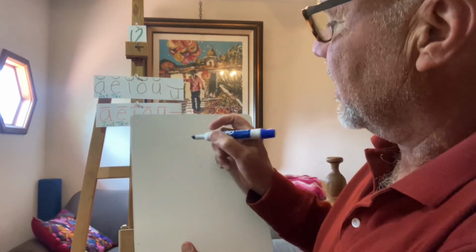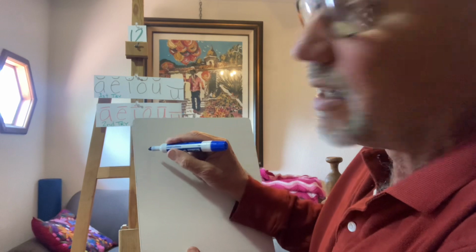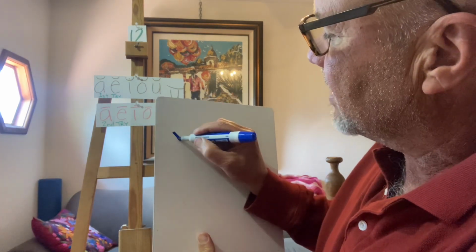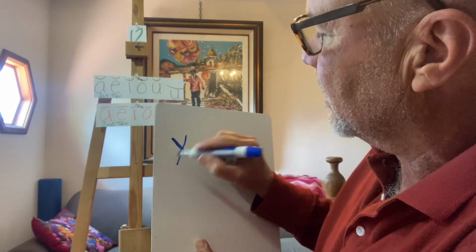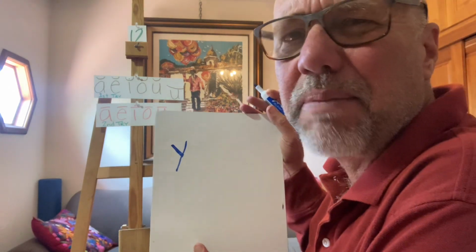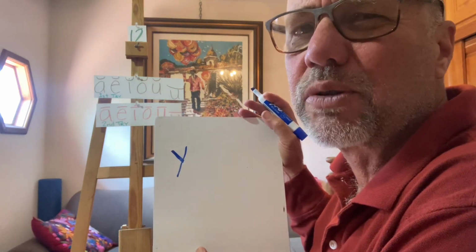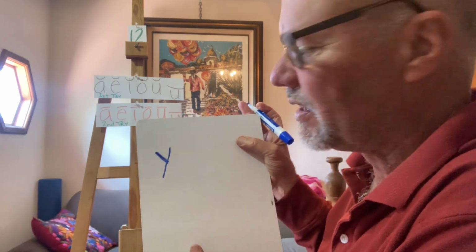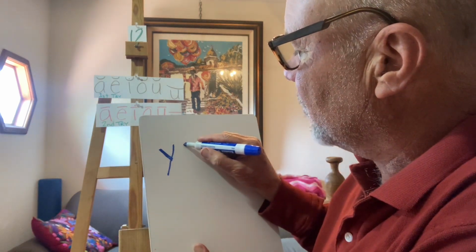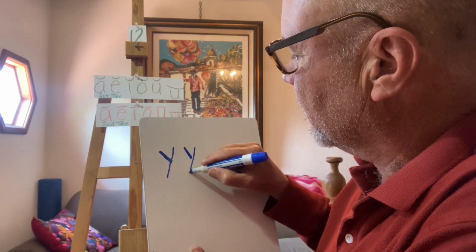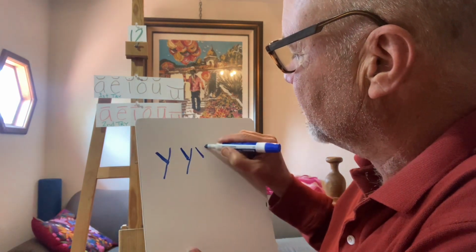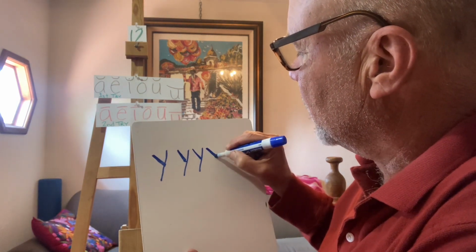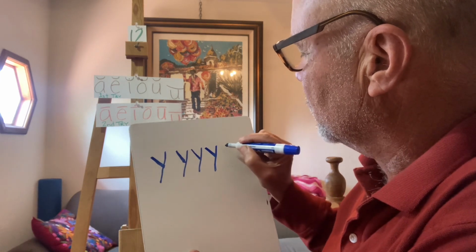So let's pretend, let's make a bunch of Y's. You can make, say, 5 of them going across, maybe on an old manila folder, something a little sturdier. I wouldn't do it on a whiteboard like I am, because you want to keep it and post it where you're learning so you can refer to it. But you could do it on a sheet of paper, anything you could post.